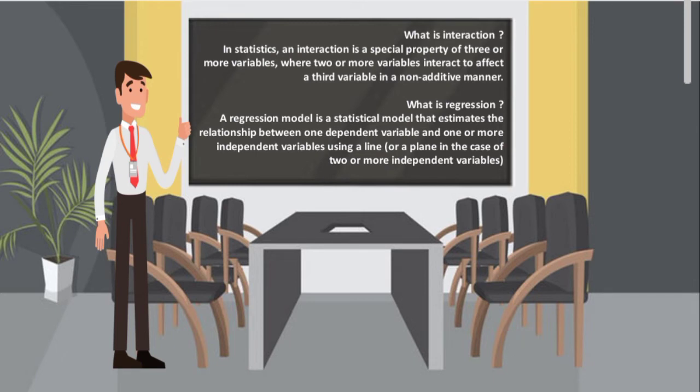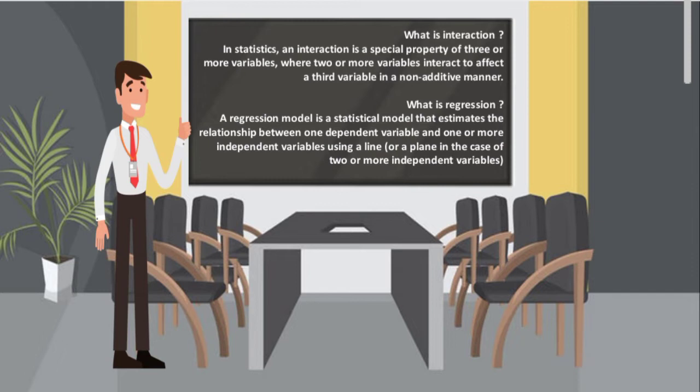What is interaction? In statistics, an interaction is a special property of three or more variables where two or more variables interact to affect a third variable in a non-additive manner.